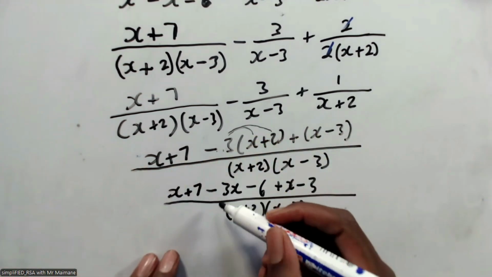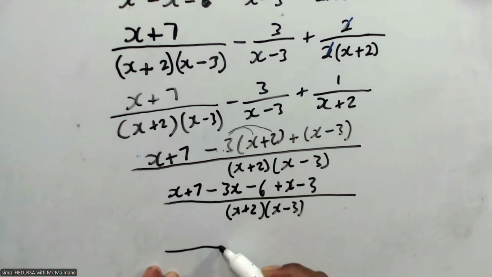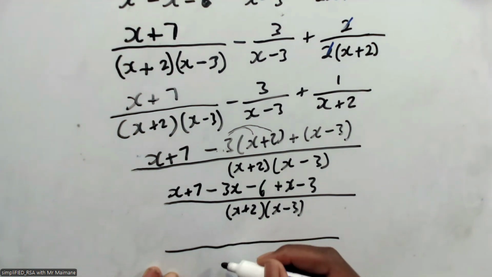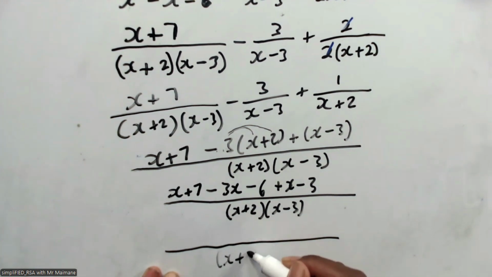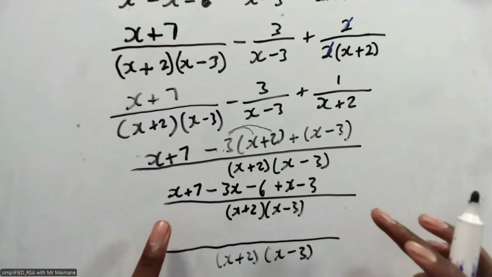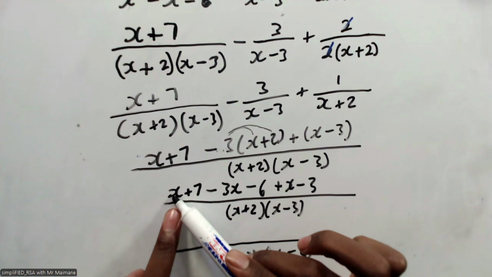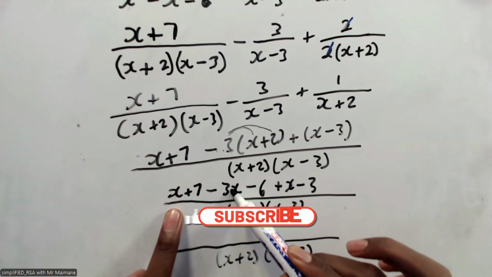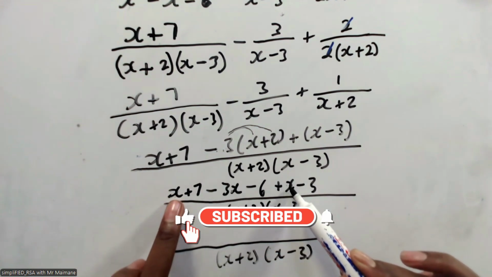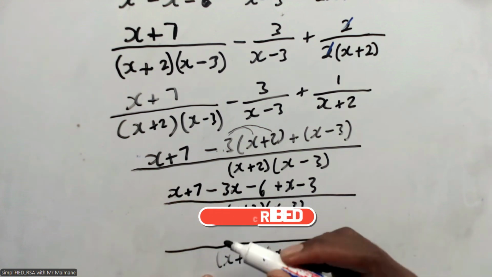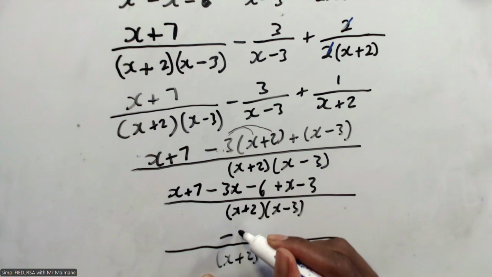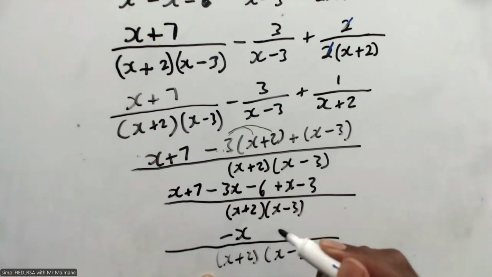Now, simplifying this one further, again, I'm going to write the denominator as it is. So we still have x plus 2, x minus 3. Therefore, look at this. The like terms, I have x minus 3x plus x. So x plus x is the positive, it will give me 2x. 2x minus 3x will just give me minus x.